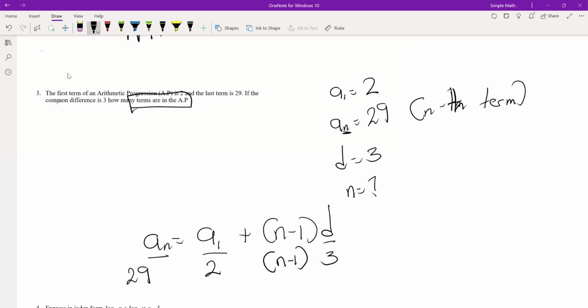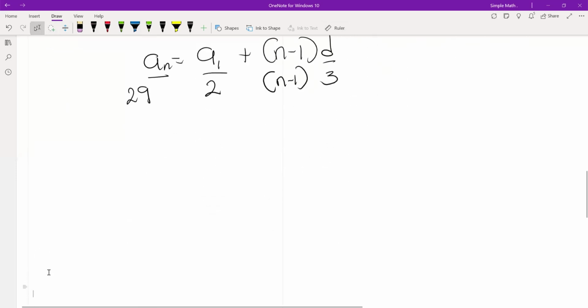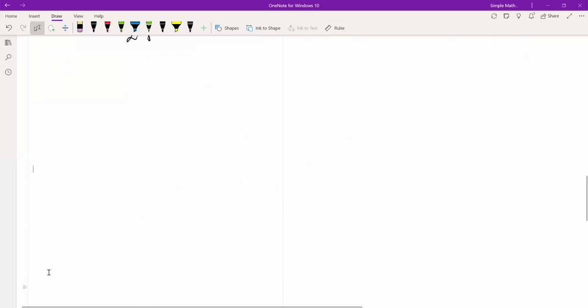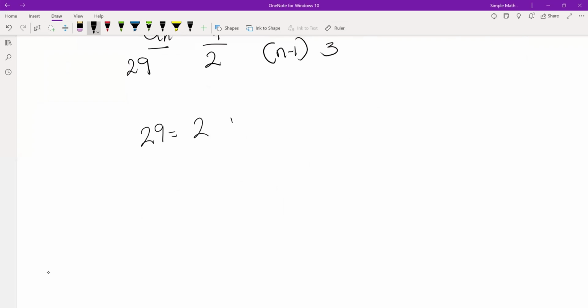So this now becomes 29 equals 2 plus (N minus 1) times 3. Now I can move the 2 to the left hand side, and it becomes minus 2.